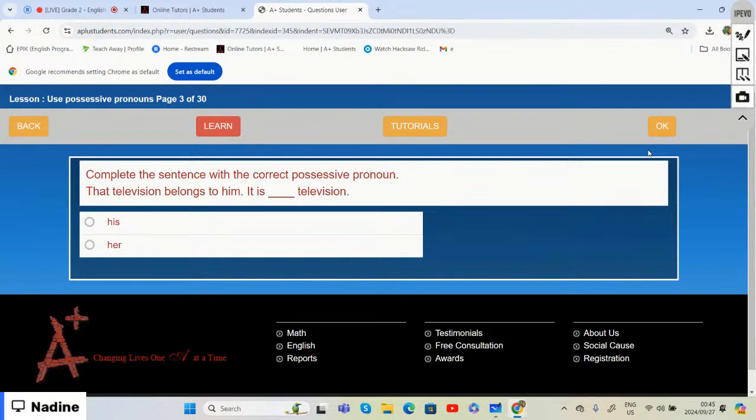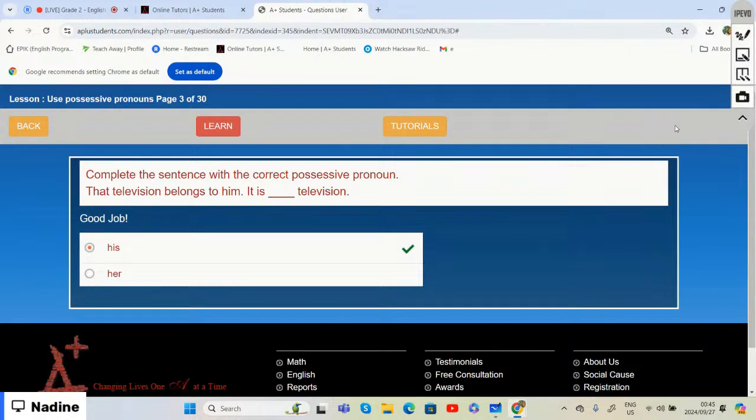Do we say it is his television or do we say it is her television? That television belongs to him, so we can say it is his television because it's a boy. So we say his. For a girl, we say hers. So his is correct. All right.